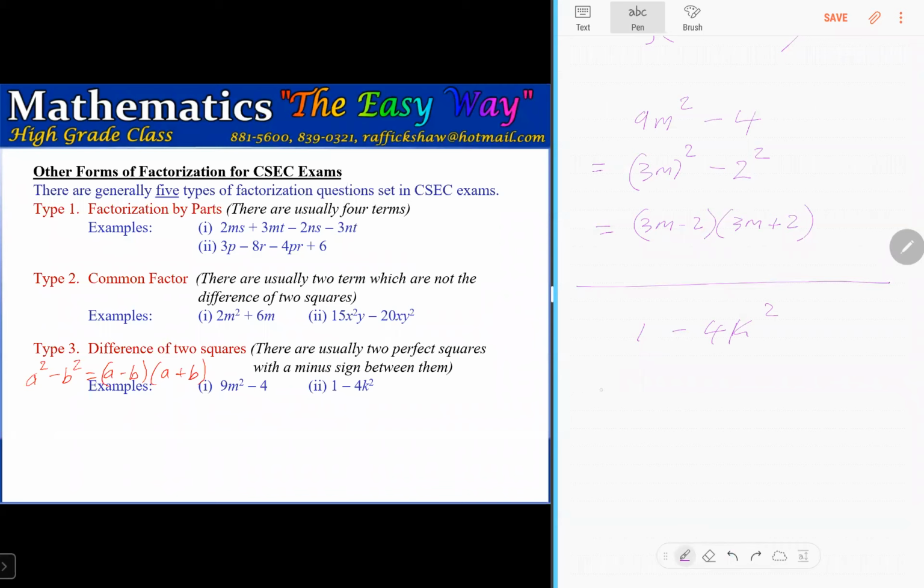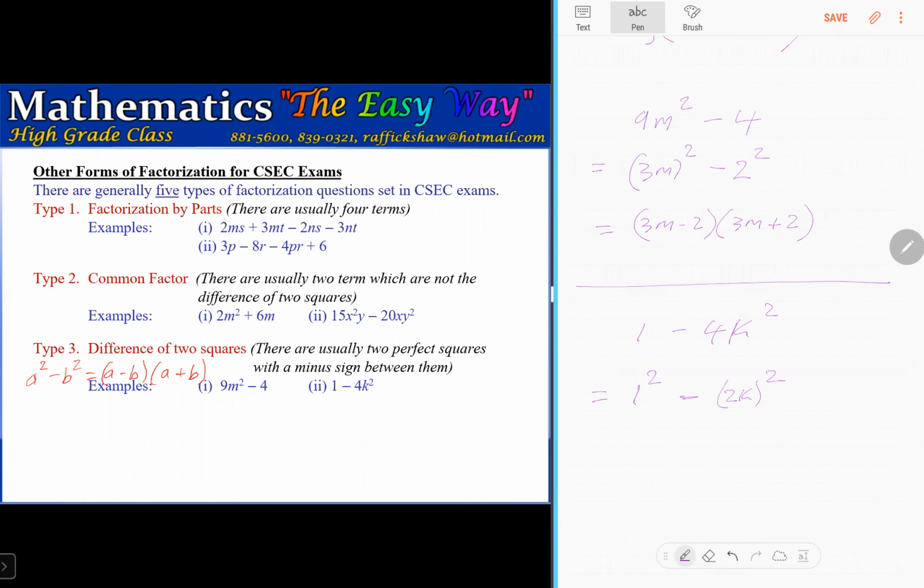So this actually is the same as 1 squared minus 2k all squared. So that actually is the difference of two squares. We have to remember that 1 is a perfect square, especially when we're doing a factorization question.